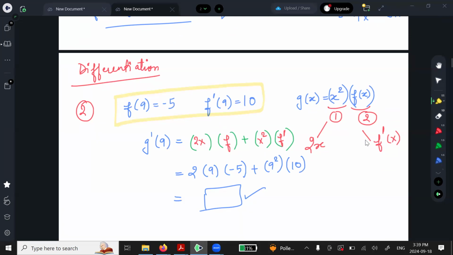Yes, question. Yes, in an MCQ maybe. Yeah. Okay, for MCQs, no need to show any work. Yeah, g prime.